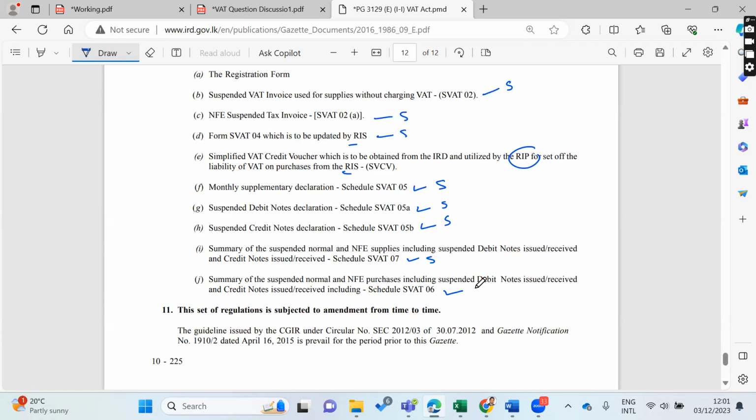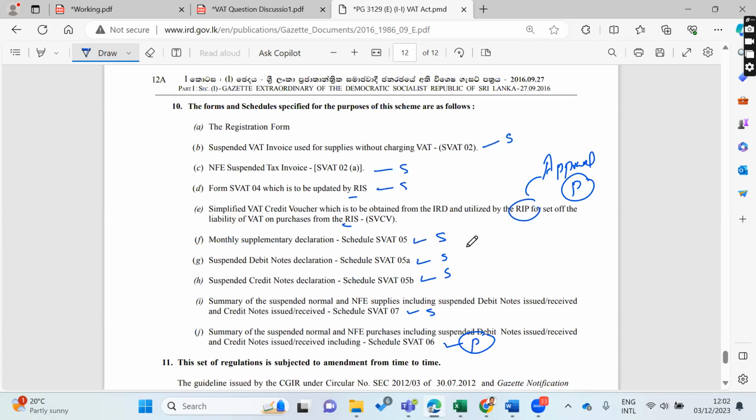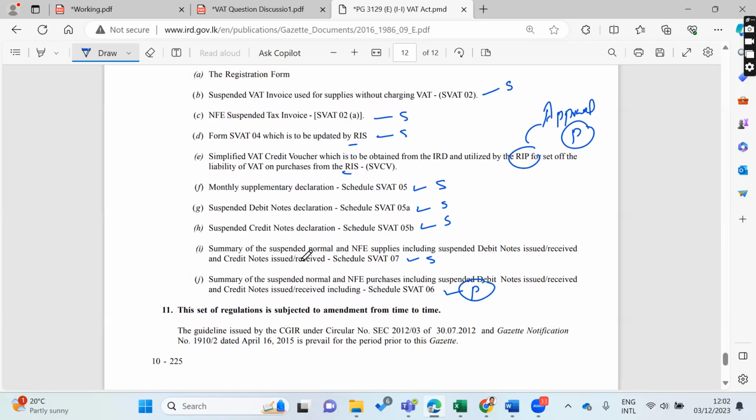Here RIP does the approval part only, as the registered purchaser. The supplier needs to issue the invoice, enter it into the system under form 4, get the approval done from the RIP, and submit 5A, 5B; credit notes and debit notes are there. And submit schedule 7 as well.